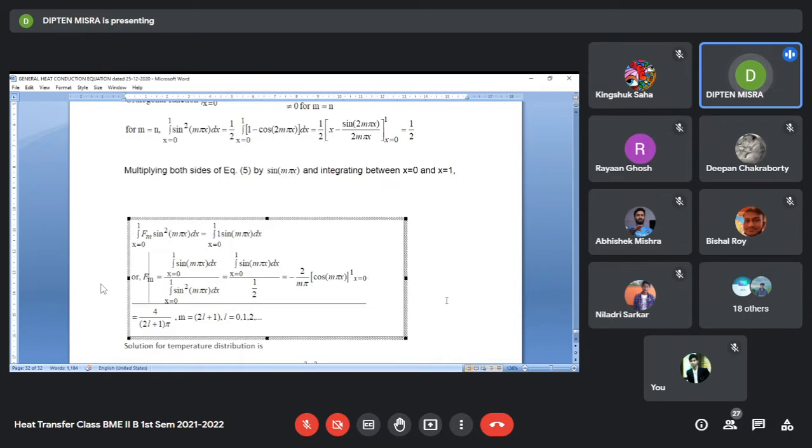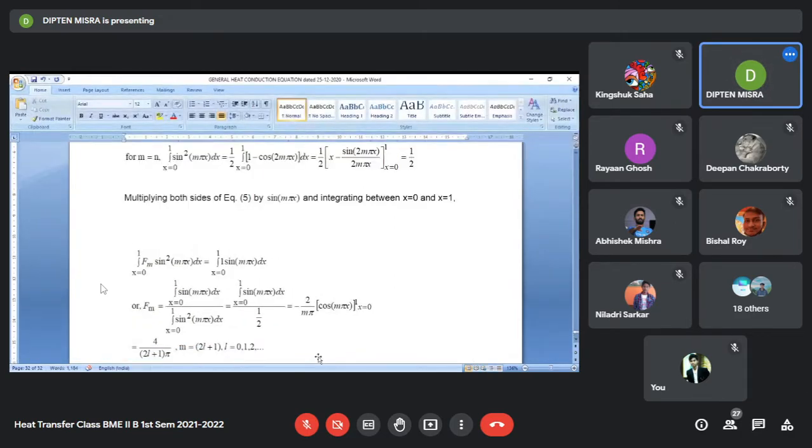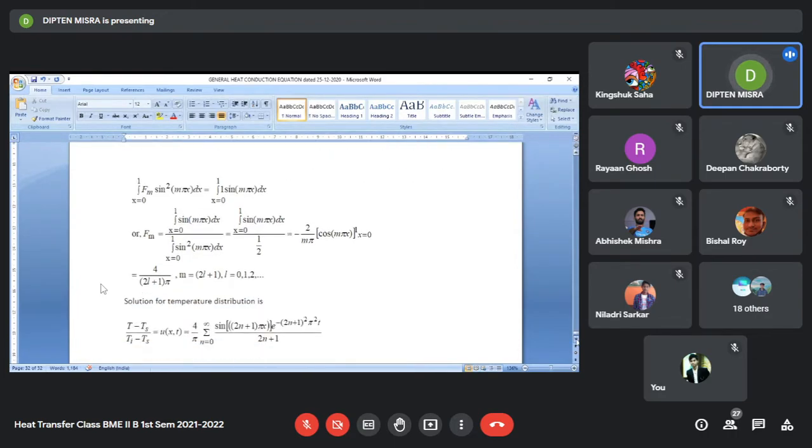Once you find out the value of f_m, then it is not yet the solution for temperature.